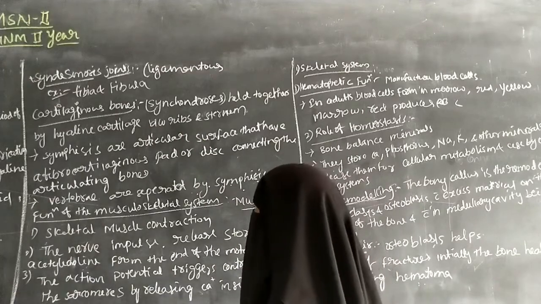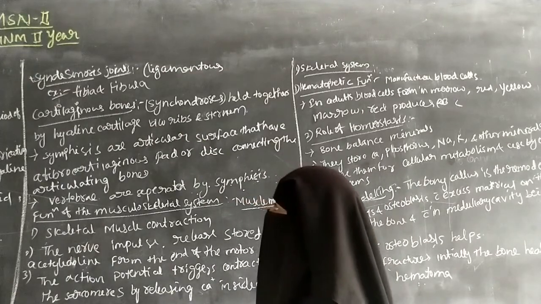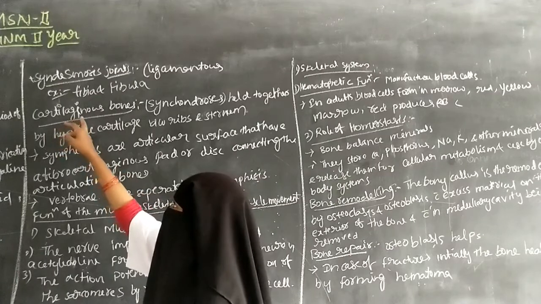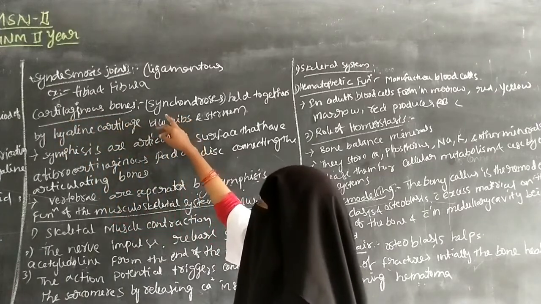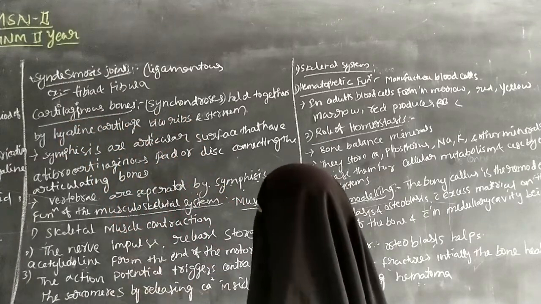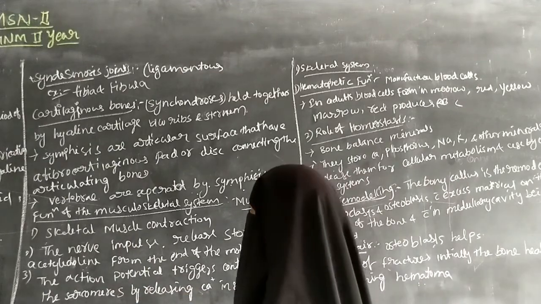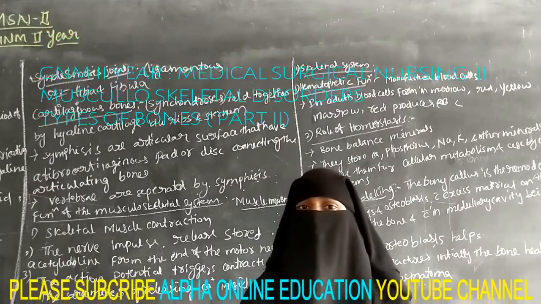So the sternum and the ribs are articulated by the hyaline cartilage. This is called cartilaginous joints, also called synchondrosis, held together by hyaline cartilage between the ribs and the sternum.